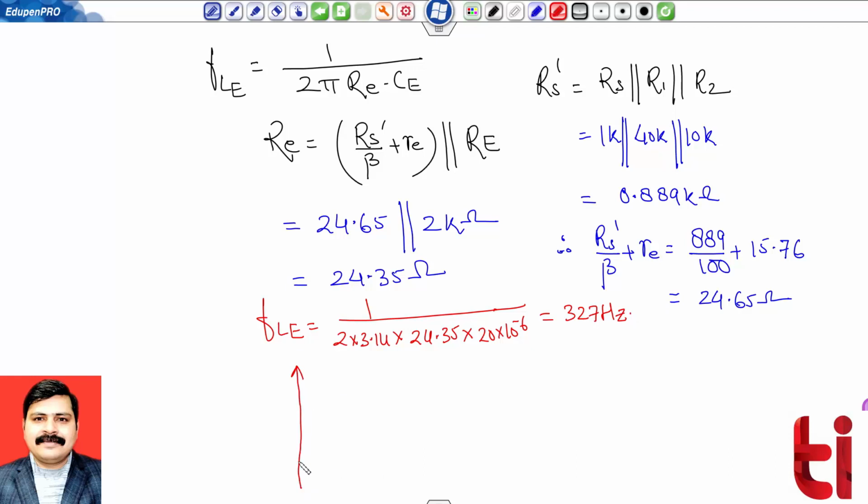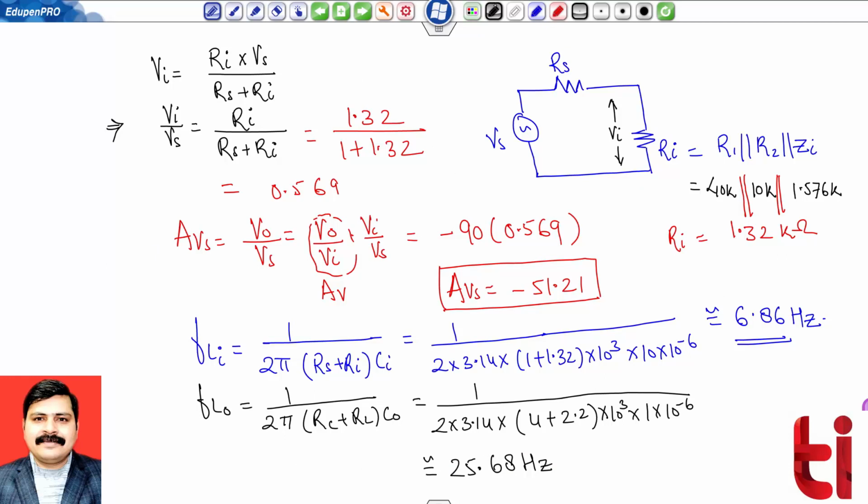So if one has to plot the curve, suppose I am saying that with reference to the maximal level, we will have the frequencies like this. If this is my maximal gain, then let me rewrite the values of FLI, FLO and FLE.